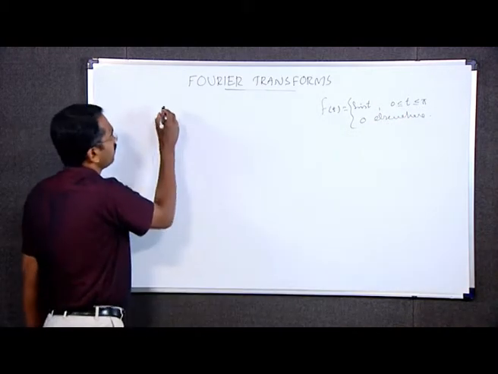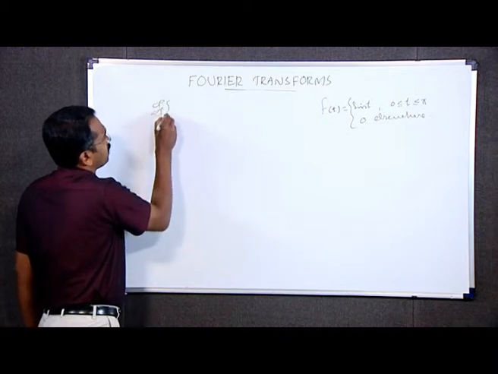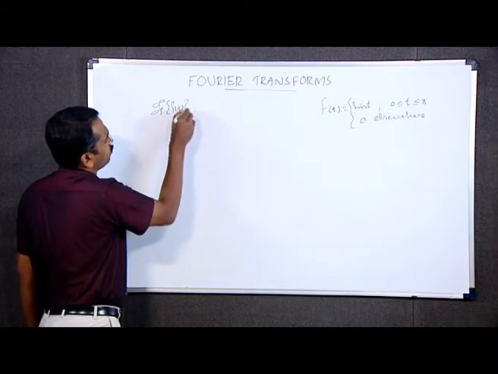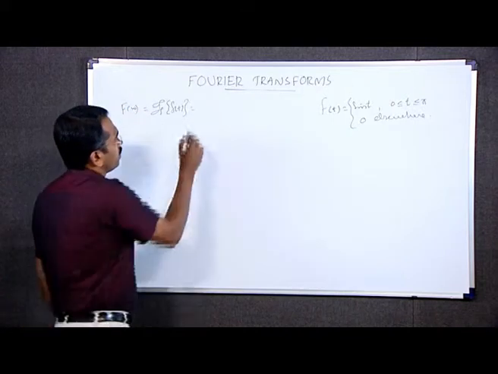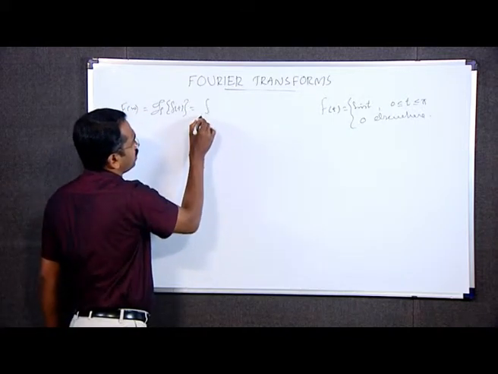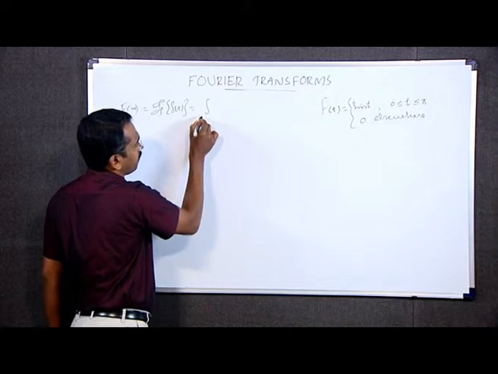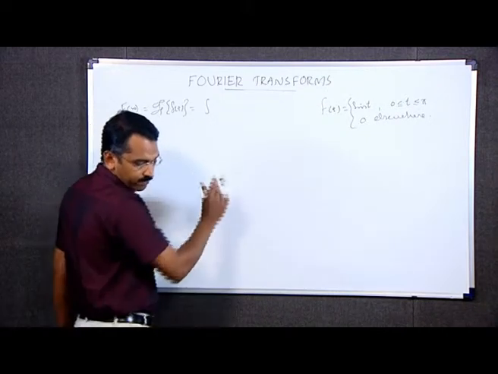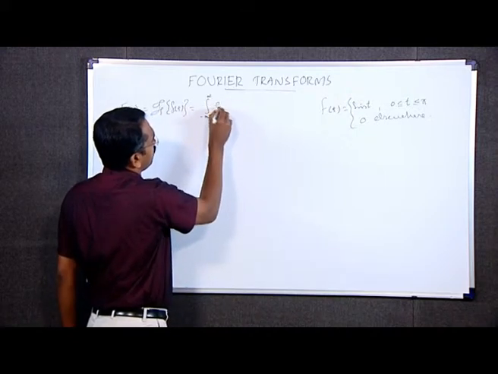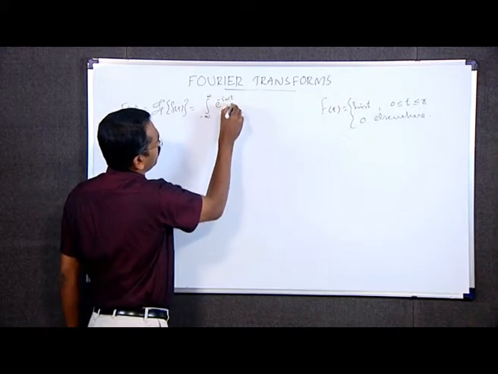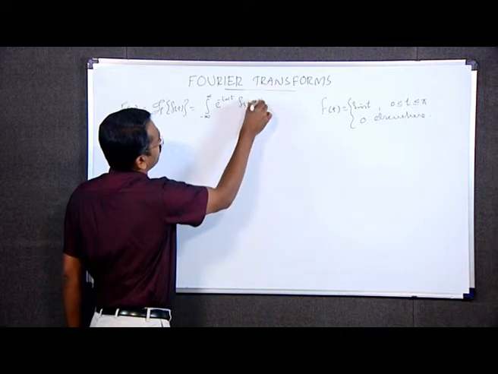By the definition, the Fourier transform of f of t, which is a function of omega, is defined as the integral from minus infinity to infinity of e raised to minus i omega t into f of t dt.